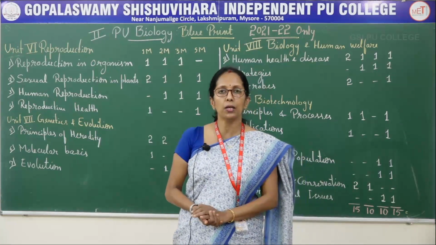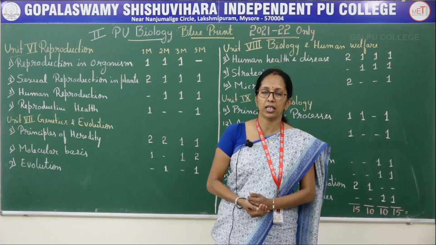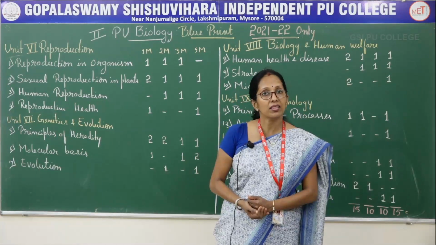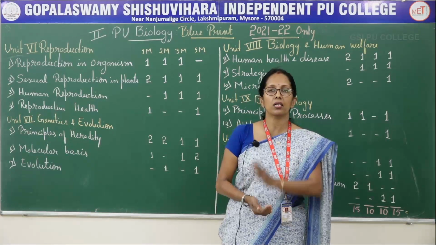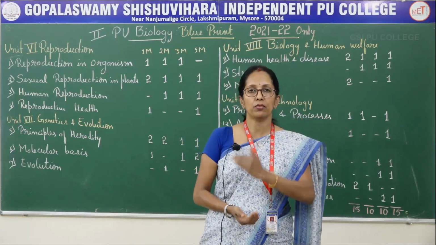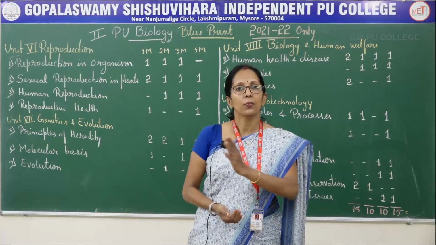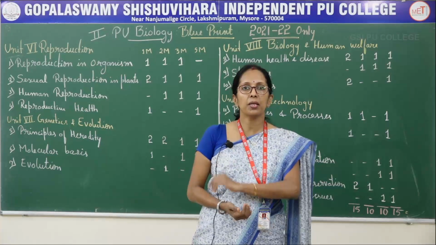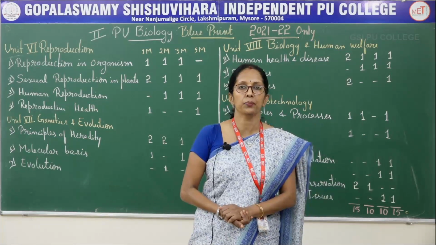We understood the Watson and Crick model, very important, and the semi-conservative method of replication. Why is this said to be semi-conservative? Because 50% of the DNA strand is obtained from the parent and the remaining is newly synthesized, and we learned an experiment to prove that the replication is semi-conservative.